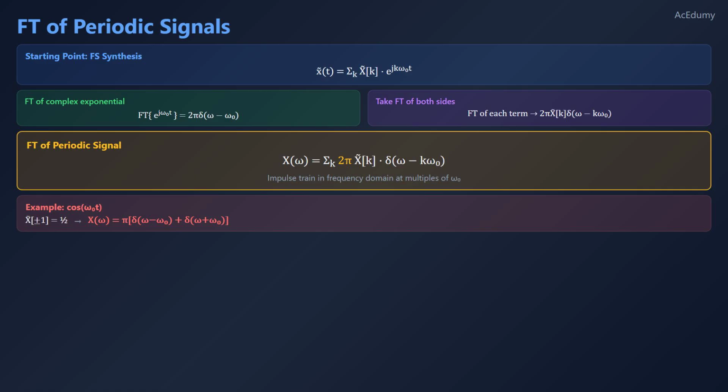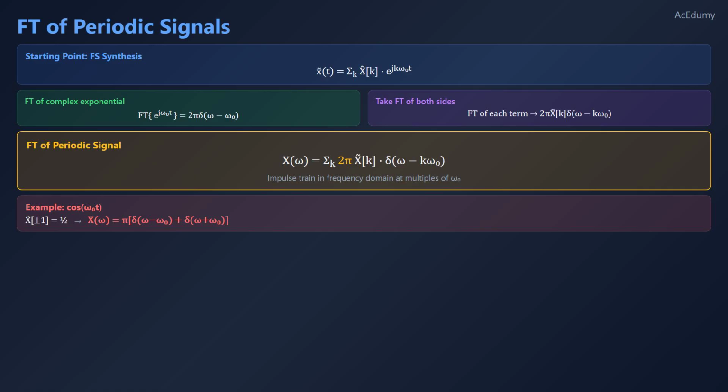This is a powerful result. The Fourier transform of a periodic signal is a train of impulses in the frequency domain, located at multiples of the fundamental frequency, with areas equal to 2π times the FS coefficients. For example, cos(ω0t) has FS coefficients 1/2 at k equals +1 and -1.